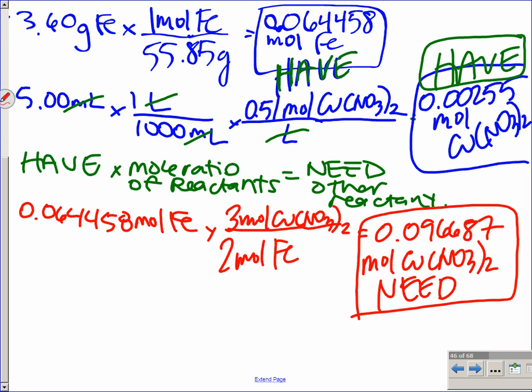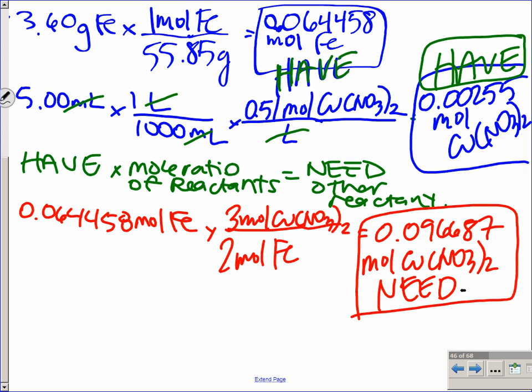This is where your have and need comparison comes in. So if I have this much copper 2 nitrate, 0.00255, but according to the iron I have, I actually need this much copper 2 nitrate, what's going to happen? You're going to run out. That's what we came to the conclusion on earlier, but this is going to support you later on if you have this math written out for yourself.